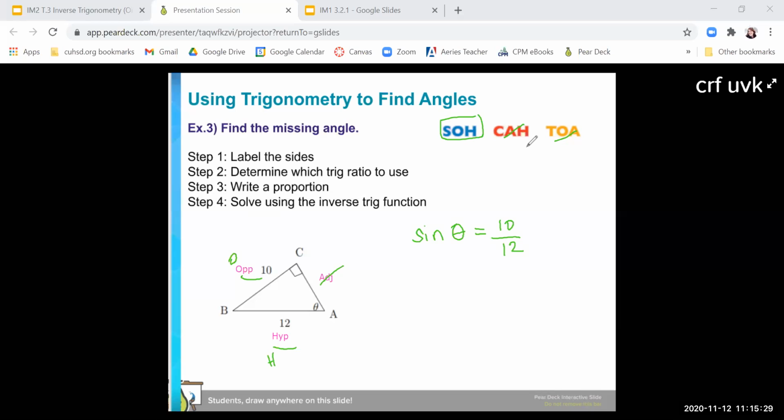Okay, now it's time to switch to inverse trig. Theta is equal to inverse sine of 10 over 12. And plug it into the calculator.